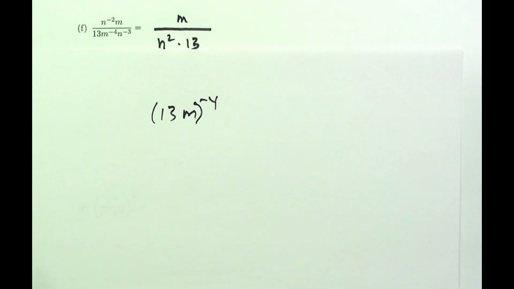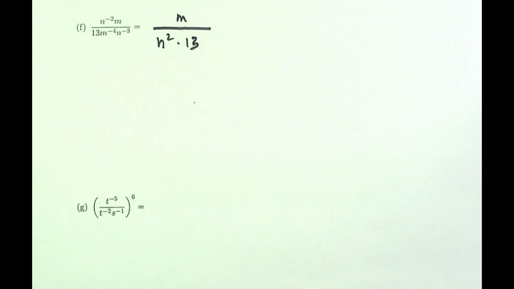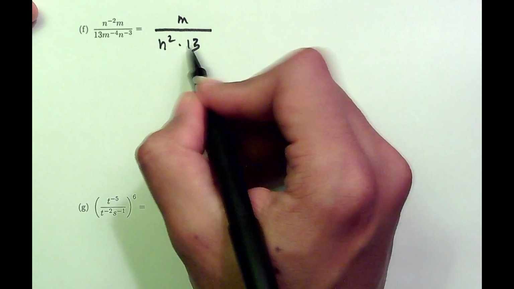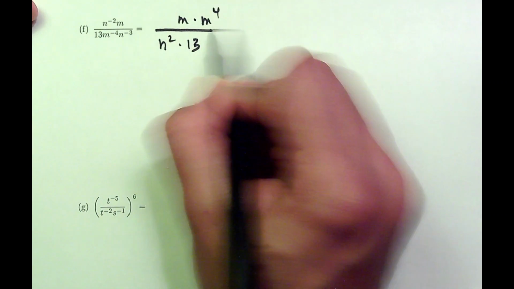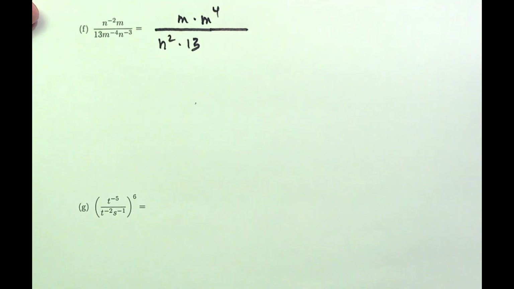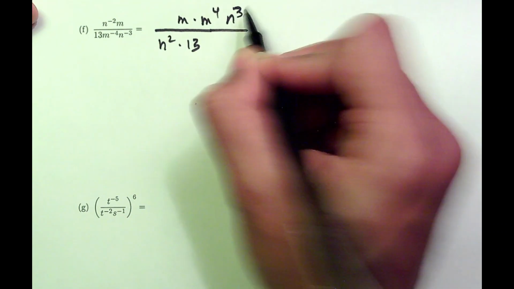So that means the negative 4 exponent does not affect the 13. That means the 13 does not move to the top. It stays on the bottom. So only the m moves to the top. So the m to the 4 moves to the top. And then the n to the negative 3 on the bottom also moves to the top. So n to the positive 3.